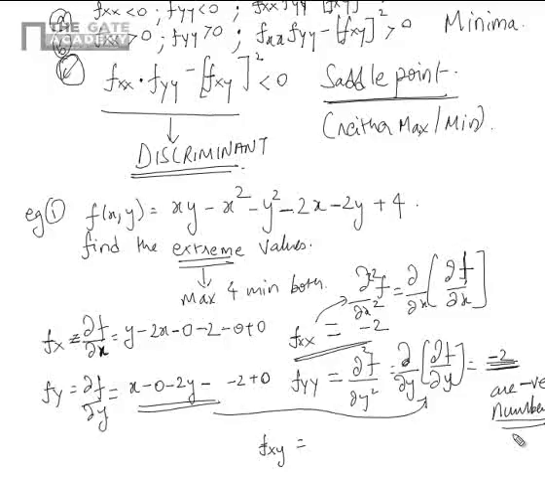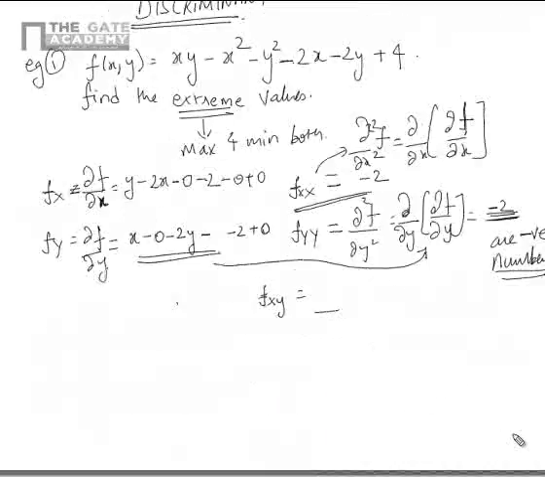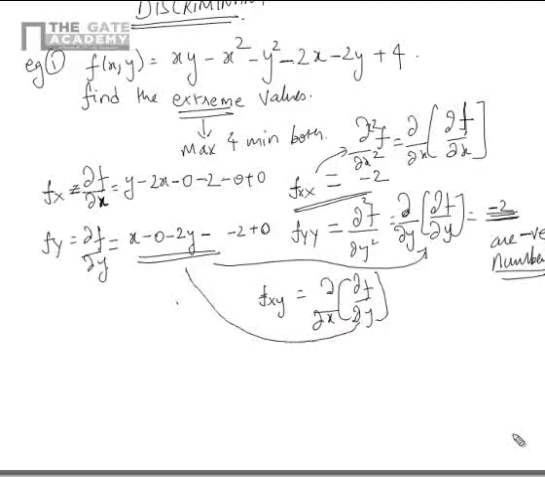Then what is fxy? This is nothing but dou by dou x of dou f by dou y, correct? So I have to take this and differentiate it with respect to x. You will get 1.